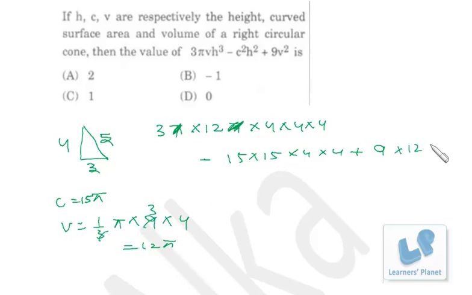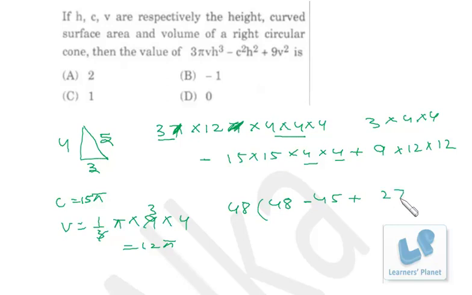So 12 into 12, and pi square I have already taken as common, right? Now we just have to make this calculation. I take 4 into 4 and 3 as common, right? So 4 into 4, that is 16 into 3, 48 will be common. So here in the bracket 12 into 4, 48, minus 4 into 4 into 3 is common. So 15 into 3, 45 is left, plus 4 into 4 into 3 is gone. So I am left with 3 into 3 into 3. So that's 27. Okay.